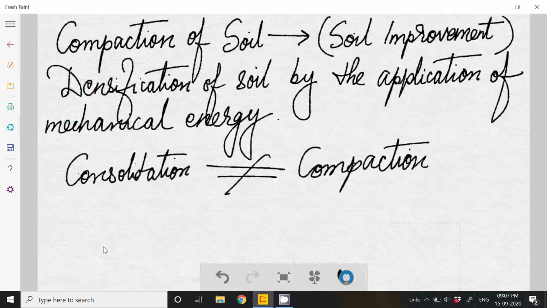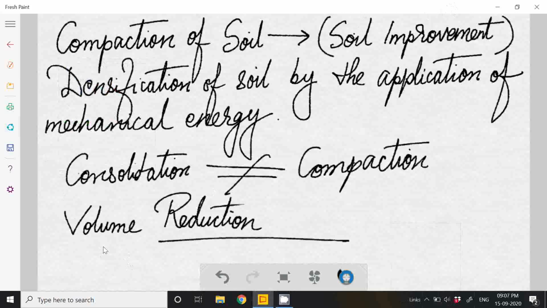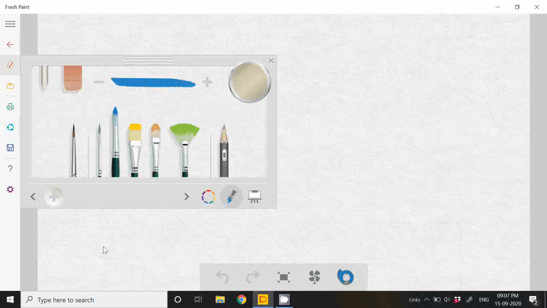In consolidation there will be volume reduction. Let us write down the differences between these two point wise in the form of a table.